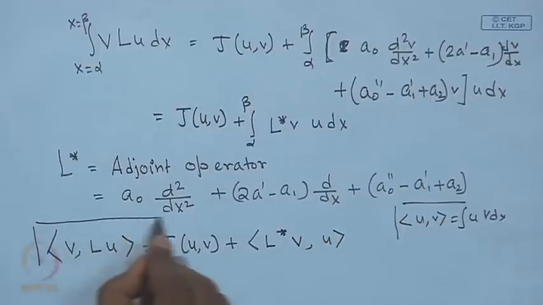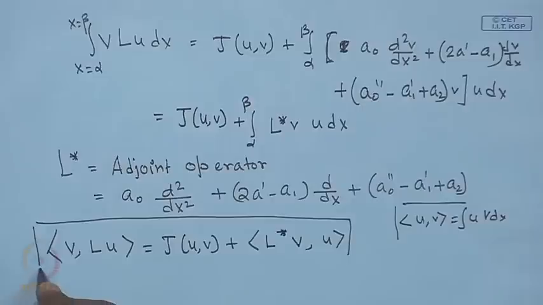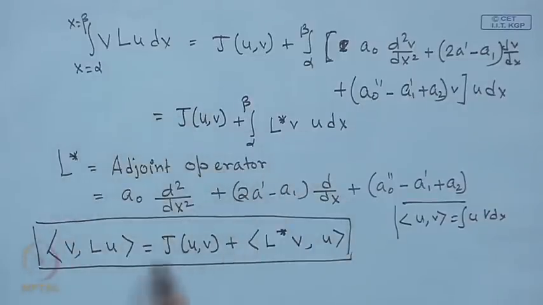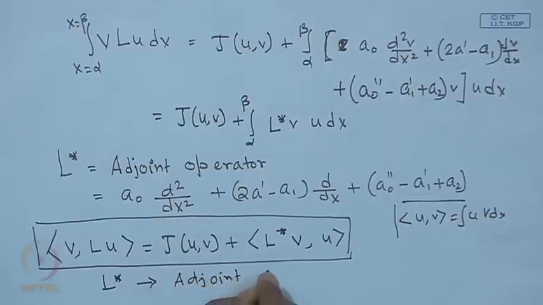Now, this equation can be written in a compact form like this. In this equation, L star is known as the adjoint operator.